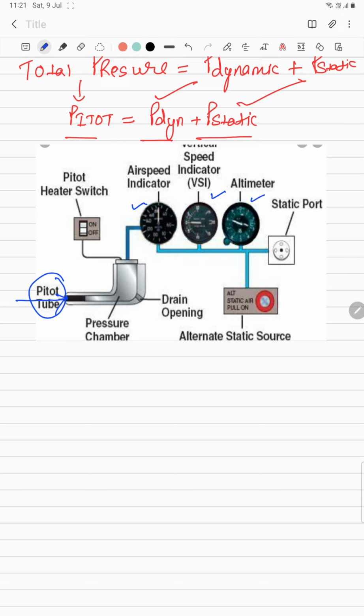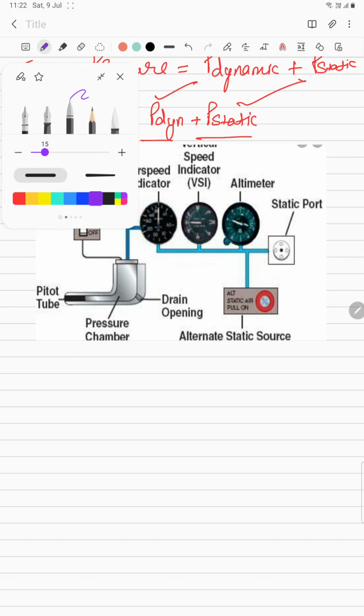You can see it clearly, guys, the pitot pressure is going just to your airspeed indicator. It does not go to your vertical speed indicator or your altimeter. Guys, I just said this to confuse you, but please have a look here because this point needs to get clear, and this is asked in a 1 or 2 mark question in your DGCA examination.